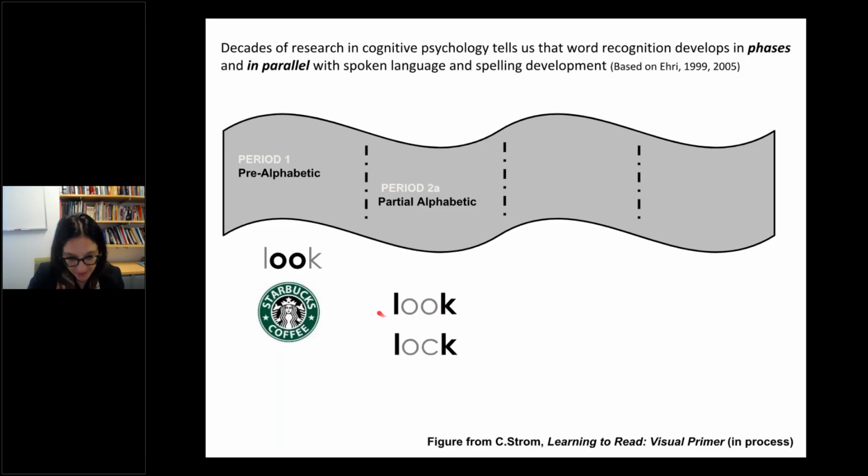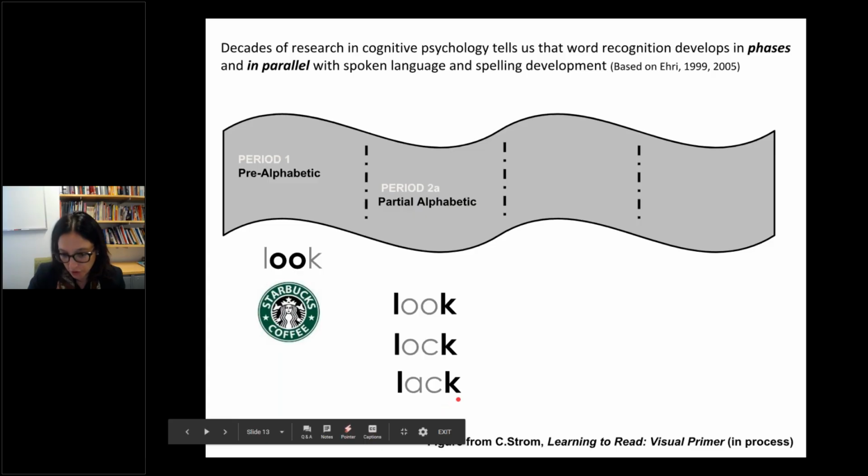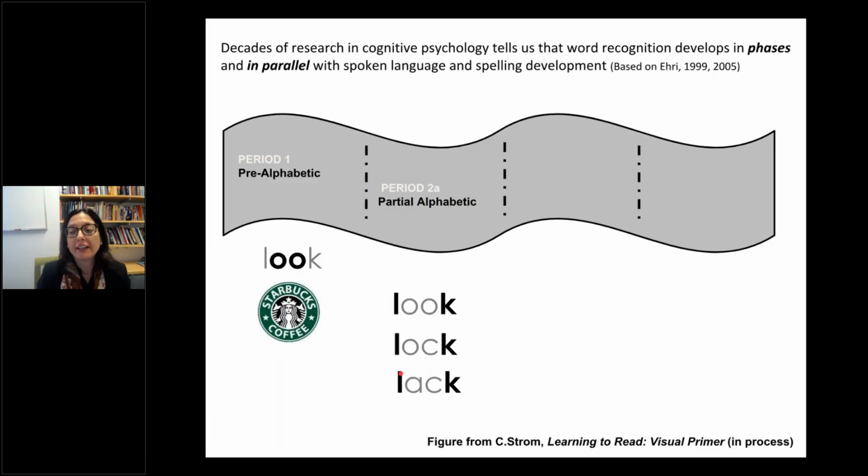So they read anything that starts with an L and ends with a K as look. So lock is look and lack is look, right? And then you also might see that showing up in spelling. They write look LK, they write like LK, they write lake LK, they write lick LK.